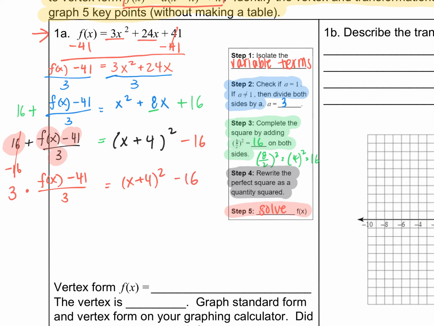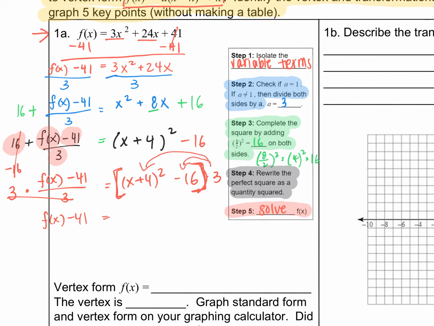Then we're going to multiply both sides by 3. We know what's going to happen on the left, but on the right, we need to recognize that we are multiplying that entire quantity by 3. And when I multiply by 3, it's going to multiply the x plus 4 squared, and it's going to multiply the 16.